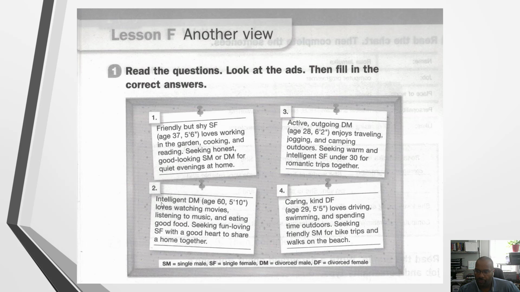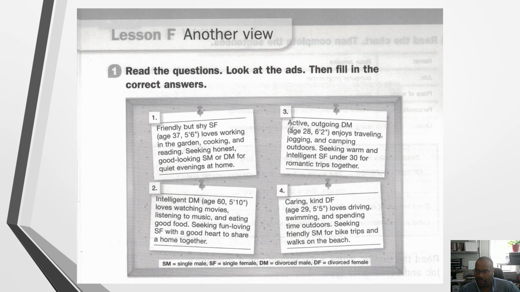Number 2. Intelligent DM, or divorced male, age 60, 5'10", loves watching movies, listening to music, and eating good food. Seeking fun-loving SF, or single female, with a good heart to share a home together.